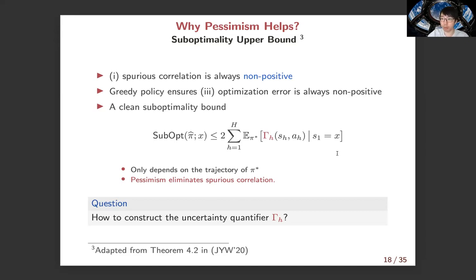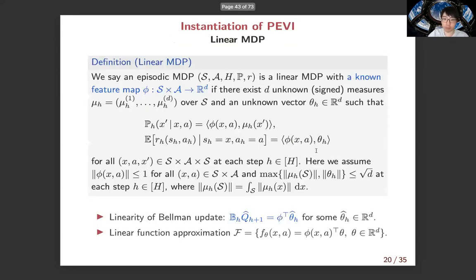We'll only briefly go through the setting and details here due to the time limit. Linear MDP is a very specific class of MDPs where the transition kernel admits a linear decomposition. It can be factorized into a feature mapping of the current state and action, and another feature mapping applied to the next state.